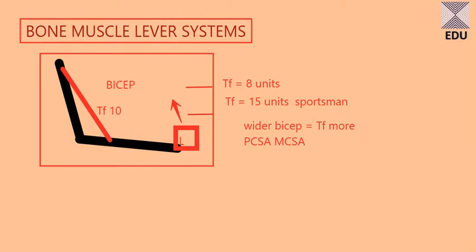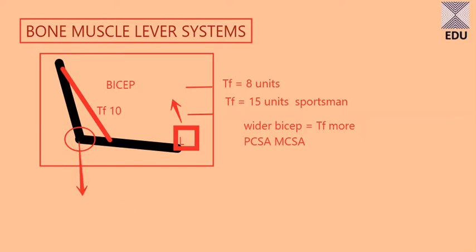Now there are two main important factors which are affecting the bone muscle lever systems. Number one is the point of rotation. This is a very important point.